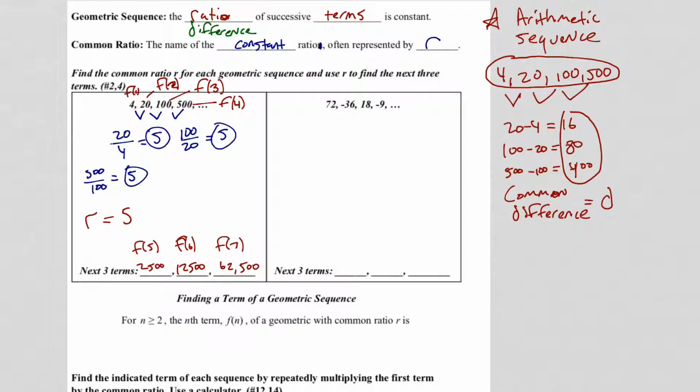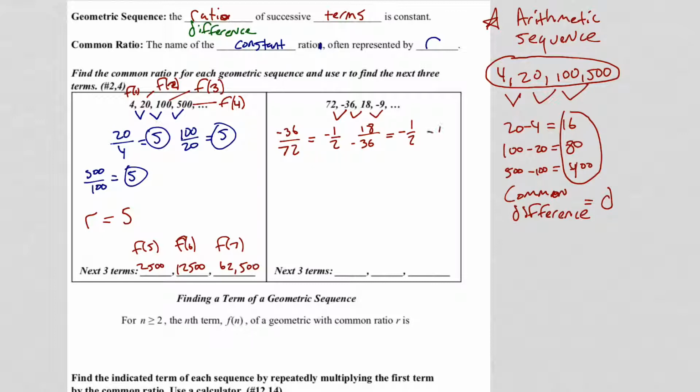Now let's look at this next example. So, all right, if this were an arithmetic sequence, that means you would subtract, but it's not. It's a geometric sequence. So we're going to have to divide. So what is negative 36 divided by 72? And you're going to find it's equal to negative 1/2. And you're going to find the same thing. 18 divided by negative 36 is going to equal negative 1/2.